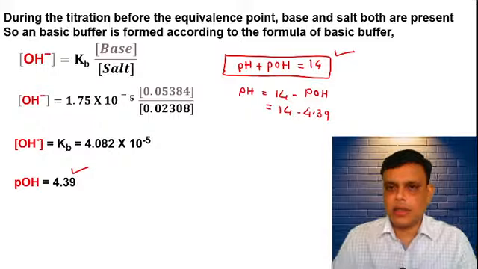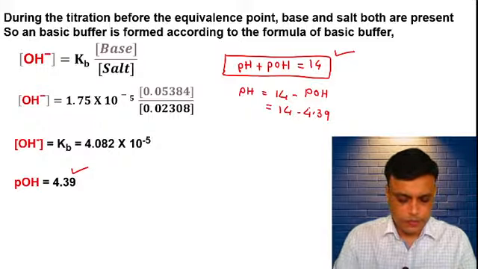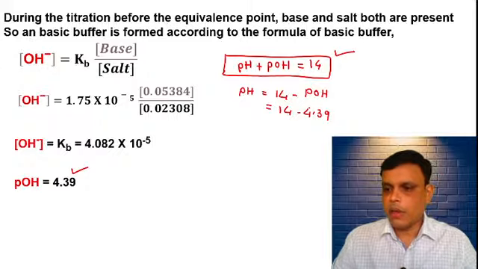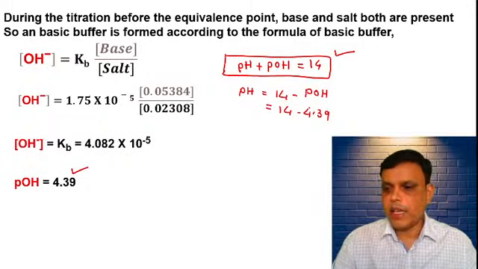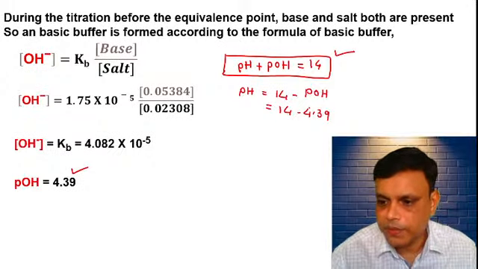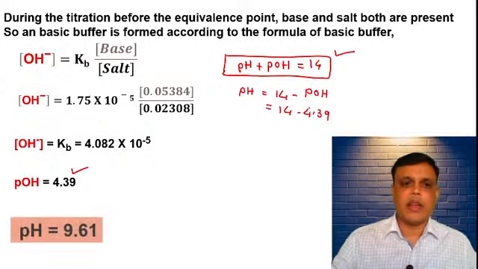How much is this? Let me calculate it. 9.61. Correct. कितना आ रहा हो? 9.61. Very good. So pH is 9.61.